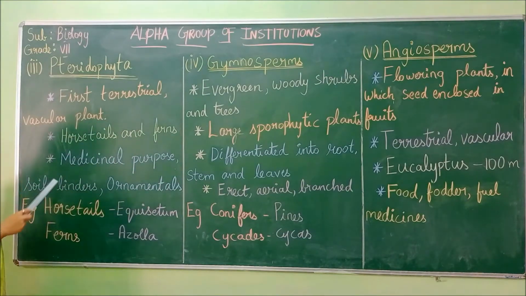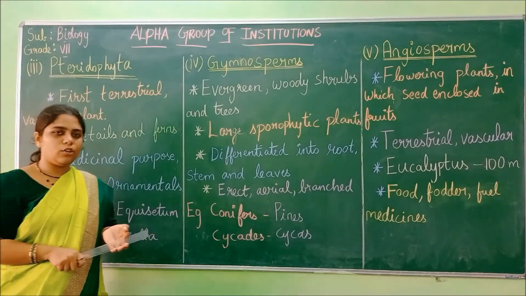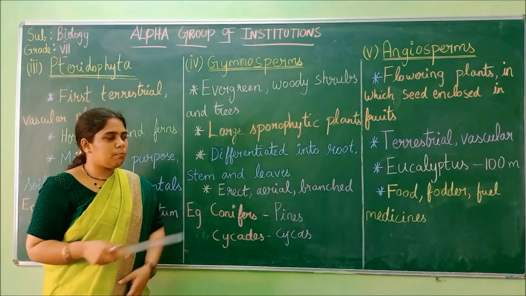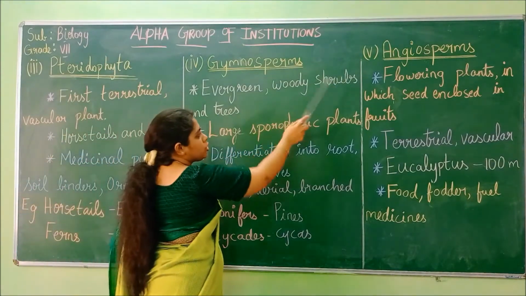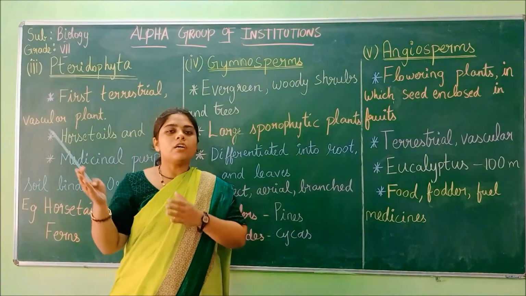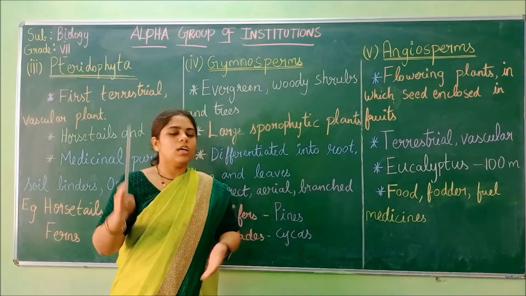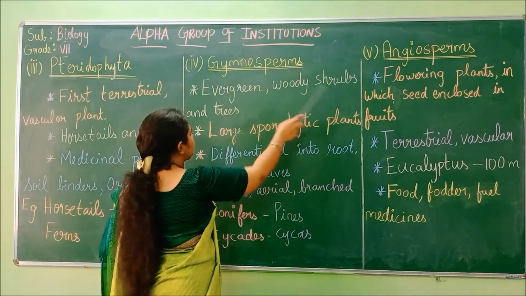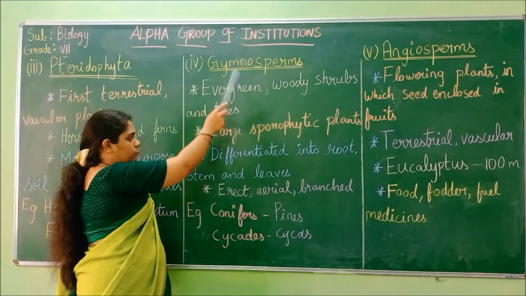We saw only plants. In Thallophyta, Bryophyta and Pteridophyta, we did not find any trees. But now trees and woody shrubs are mentioned here. It is an evolution, where one class gets evolved from another. So evergreen, woody shrubs and trees are present in gymnosperms.